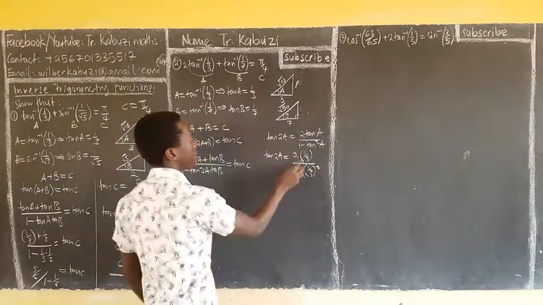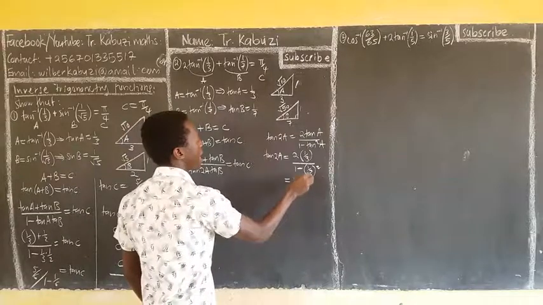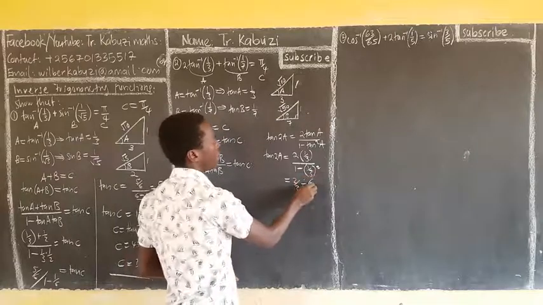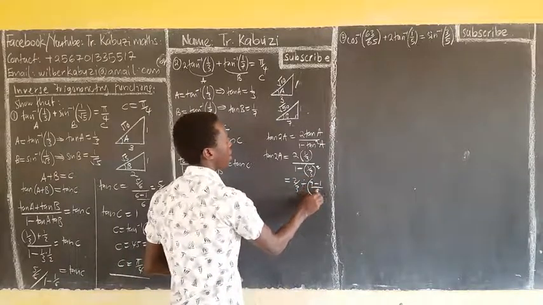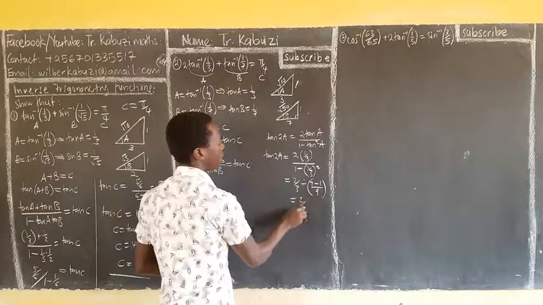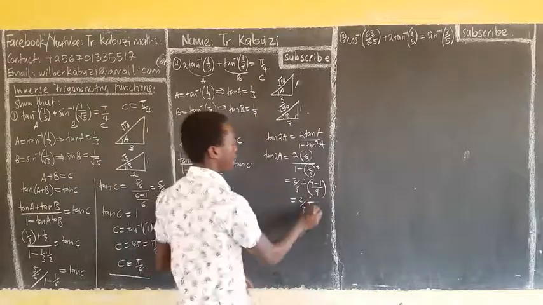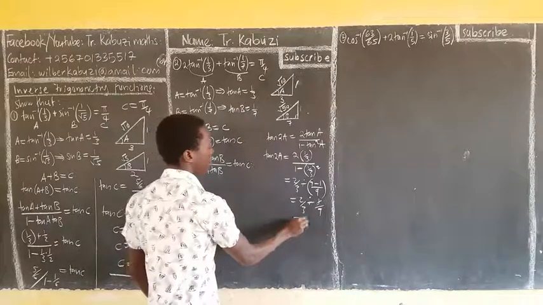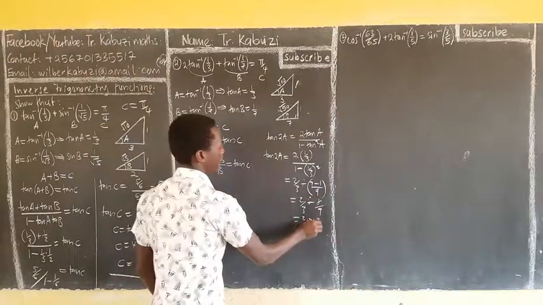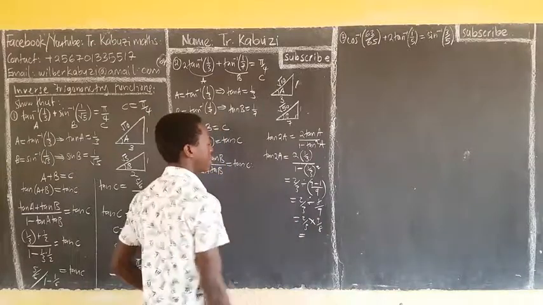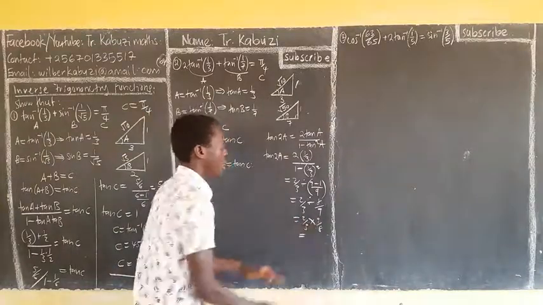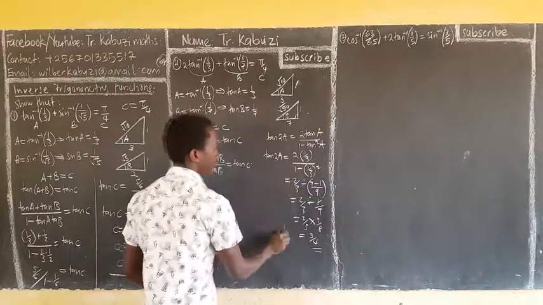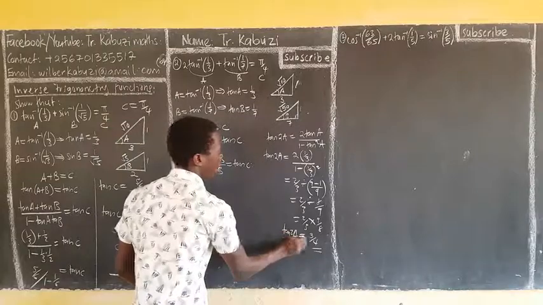This will give us 2/3 divided by 1/9 on this side. So we have 1 minus 1/9, which will give me 2/3 divided by 8/9. If I get the reciprocal, this will be 2/3 times 9/8, and the whole of this will be 3/4. So my tan 2A is this.